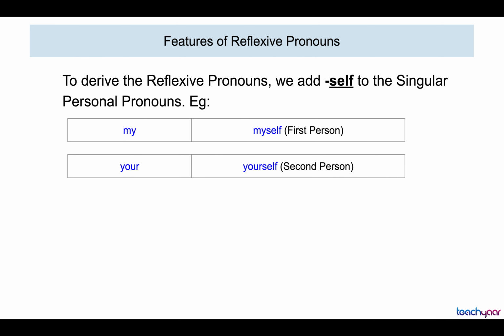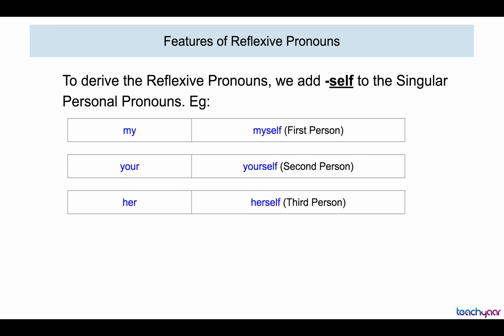Your is a pronoun in the second person and we add self to it. So yourself is a reflexive pronoun in the second person. Her, personal pronoun, and we add self and it becomes herself. Both are in the third person.